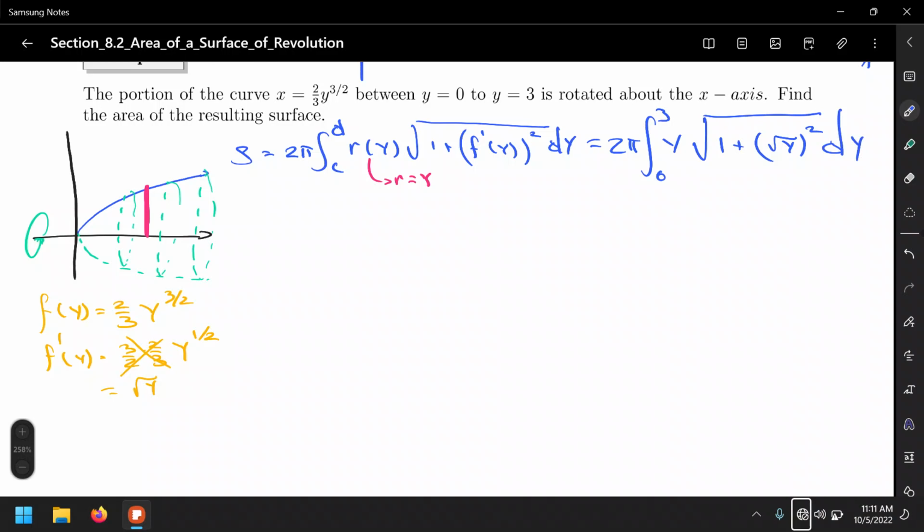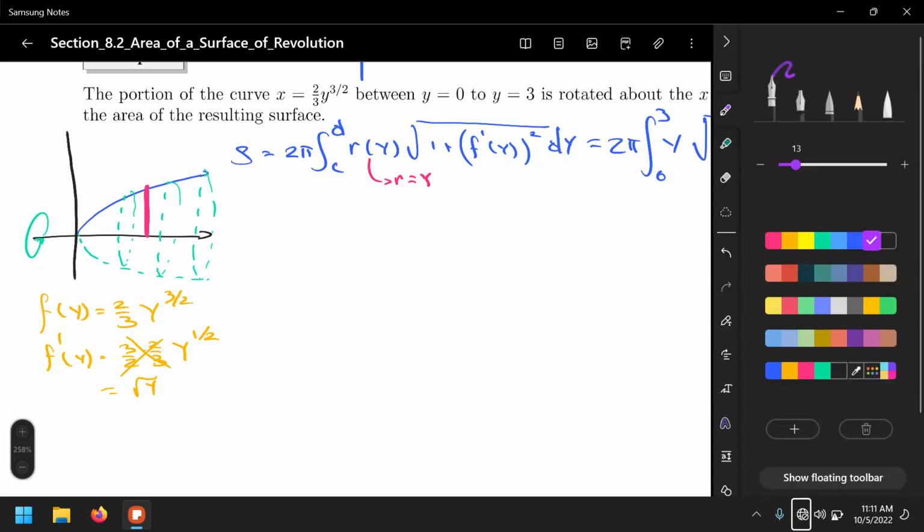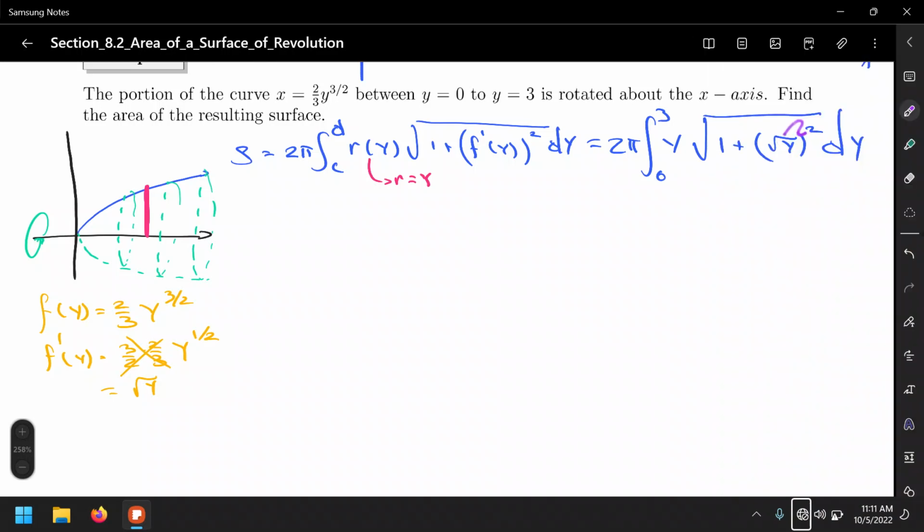Let's simplify this integral a little bit, and in fact we can, because the radical will get cancelled by the square, because those are inverse operations.